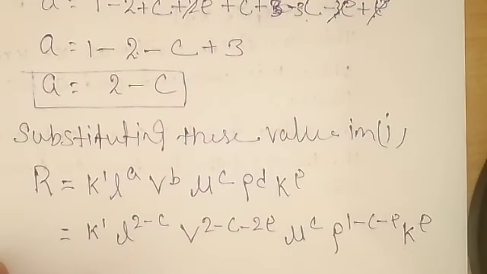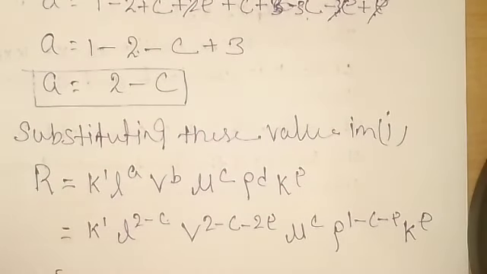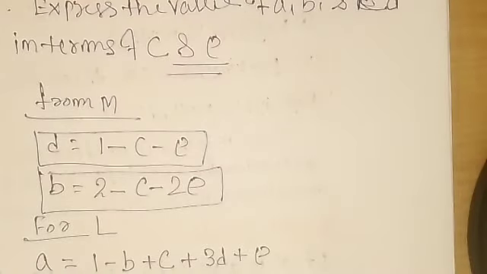All right, so now you can say this is L to the power 2, so we can take L squared, V squared and rho out, right? So now what is remaining, I'll show you again.